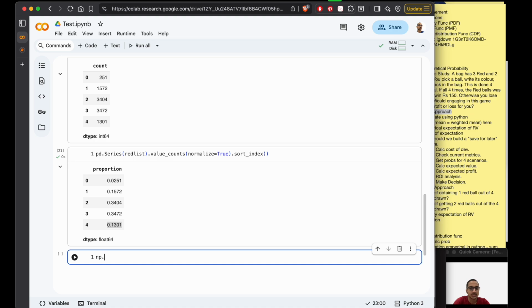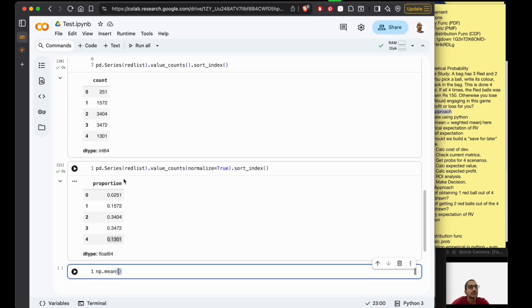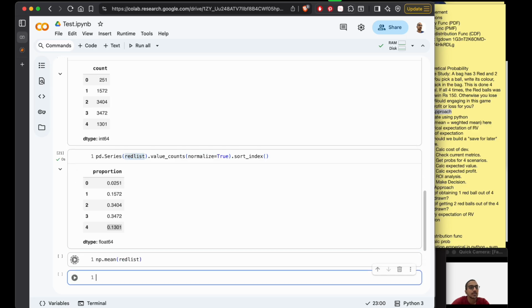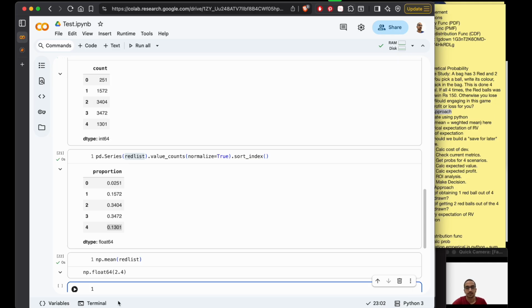So all we have to do is np dot mean, and if we pass in the red list, we are getting 2.4. So we'll get around 2.4 reds every time on average when we perform the experiment.